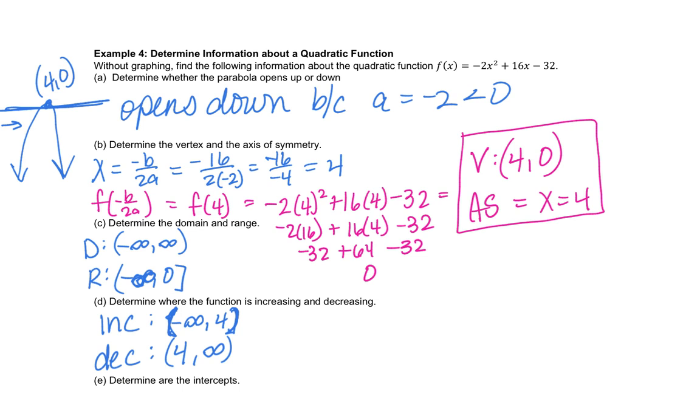So coming in from the -infinity, I hit the 4, and then I start going down. So coming in from the negative, going out on the positive, left to right. And we are looking at the x intervals, so we're going to look at the x value of our vertex.